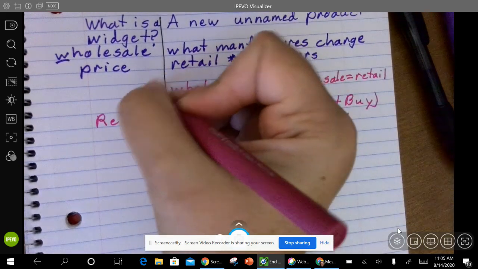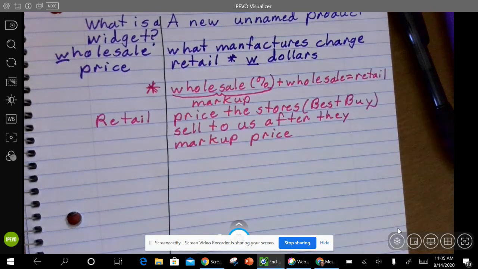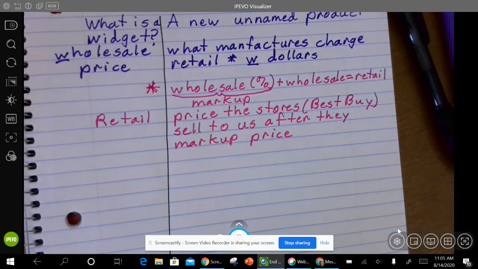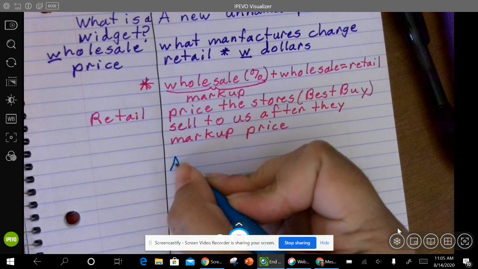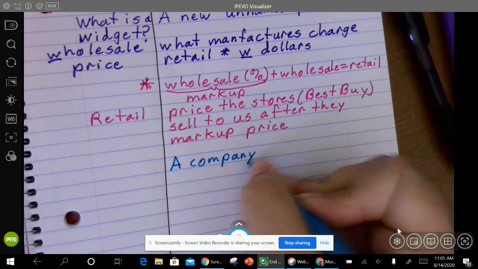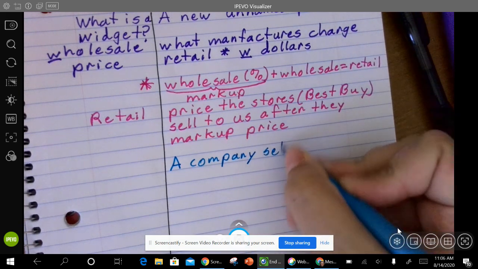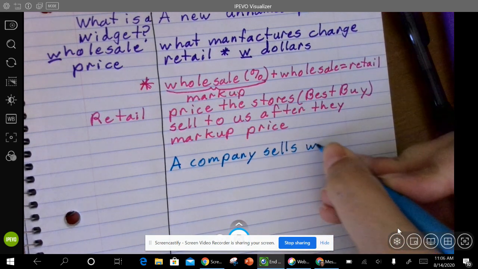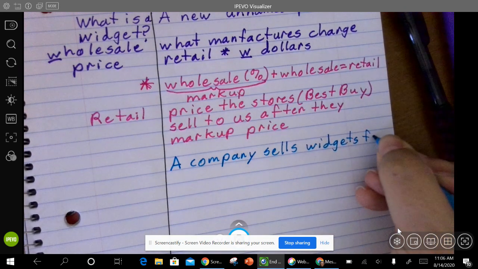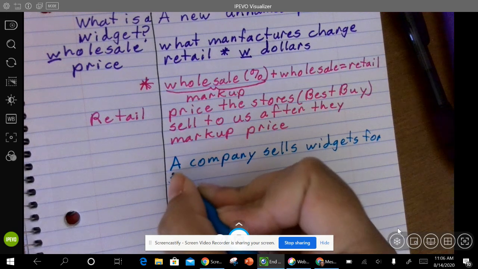So y'all want to know this? Okay, so let's do an example. So let's say a company sells widgets for $2.